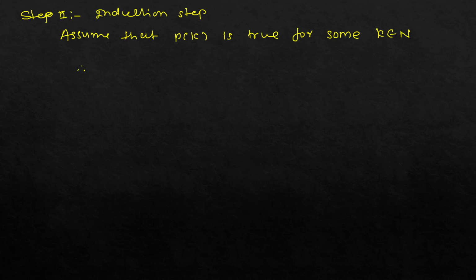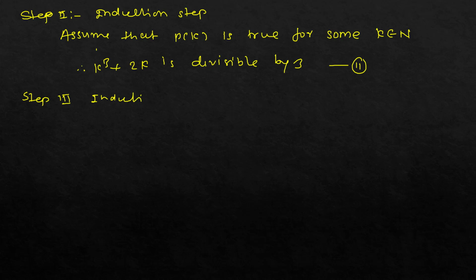Means here we get k cube plus 2k is divisible by 3. Equation number 2. Now step number 3, that is induction hypothesis. So therefore, we have to prove for P of k plus 1.